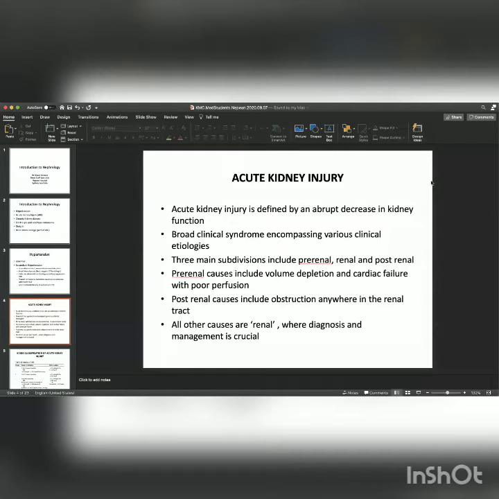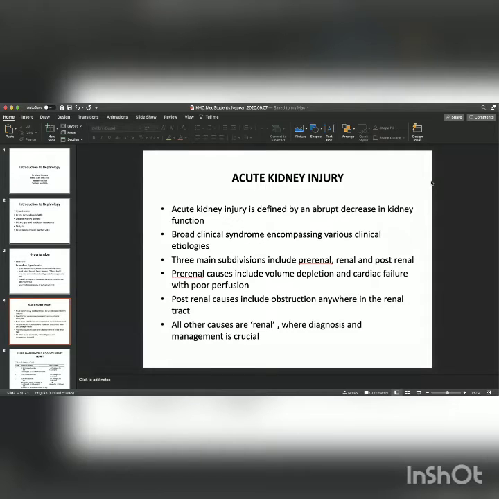But one thing you should remember is we always think of obstructive kidney disease usually in men, but sometimes women can present, especially in the setting of patients who have cervical cancer or any tumor in the pelvis. It can cause obstruction. So you have to always consider a post-renal cause in men as well as women, because it is something that can be easily corrected. All you need is sometimes a catheter to relieve the obstruction, and the kidney function will improve.